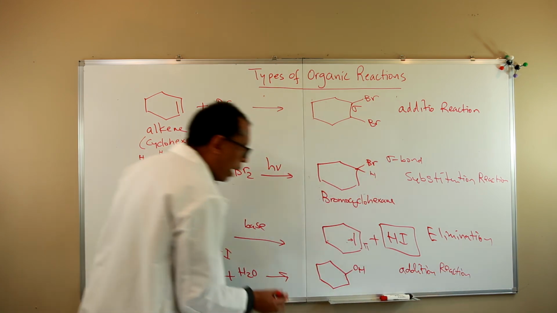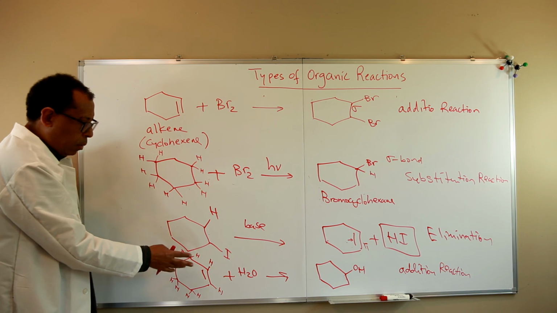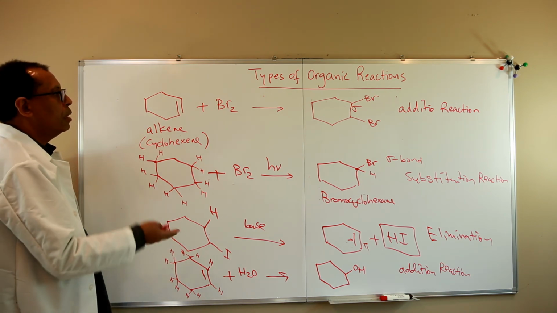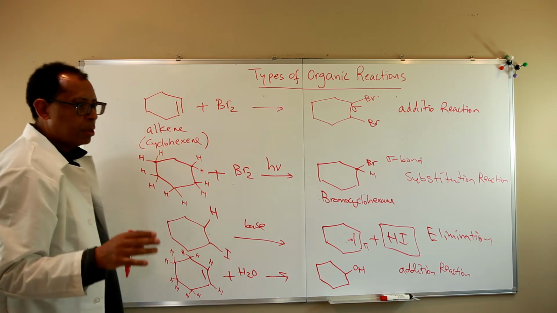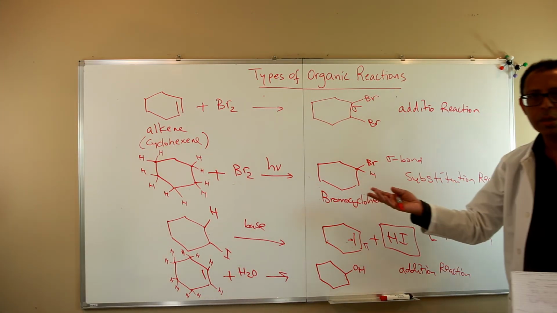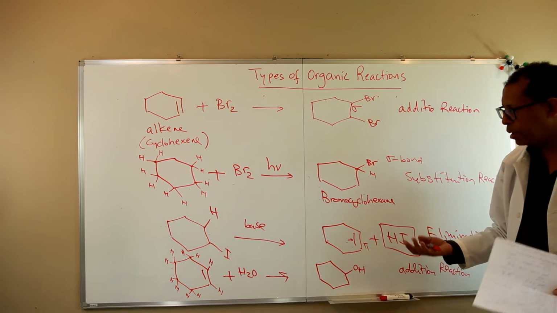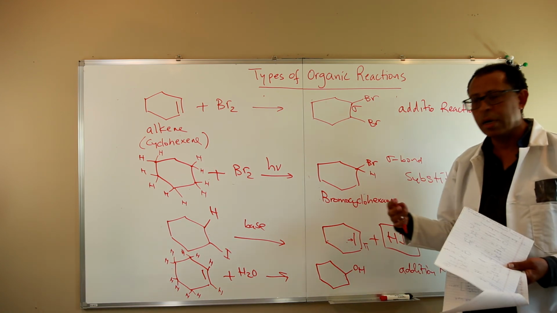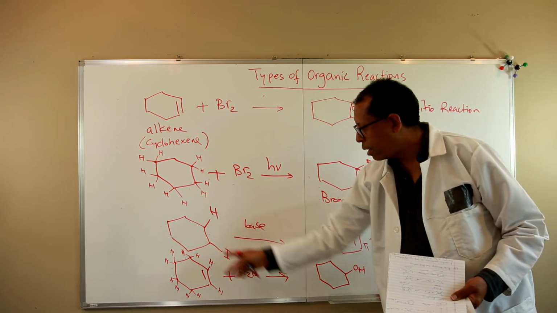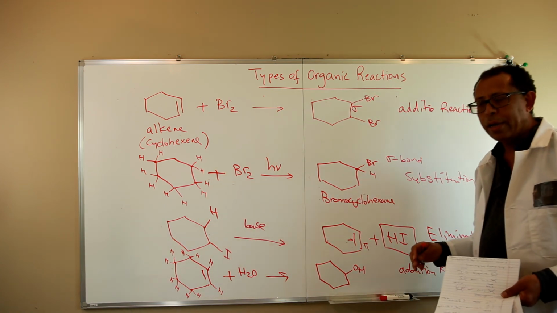You can always add over an alkene or a pi bond system. You cannot add over a sigma bond. Addition reaction happens only if you have a pi bond system. Substitution is a characteristic of a sigma bond. Elimination is a characteristic of a group where you have a sigma bond to give an alkene.